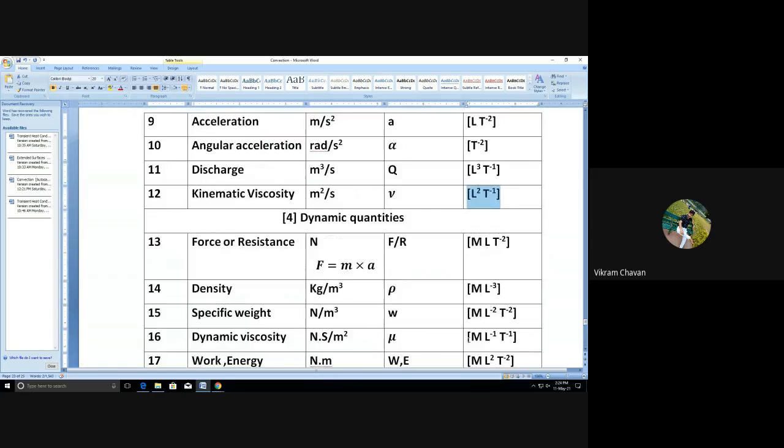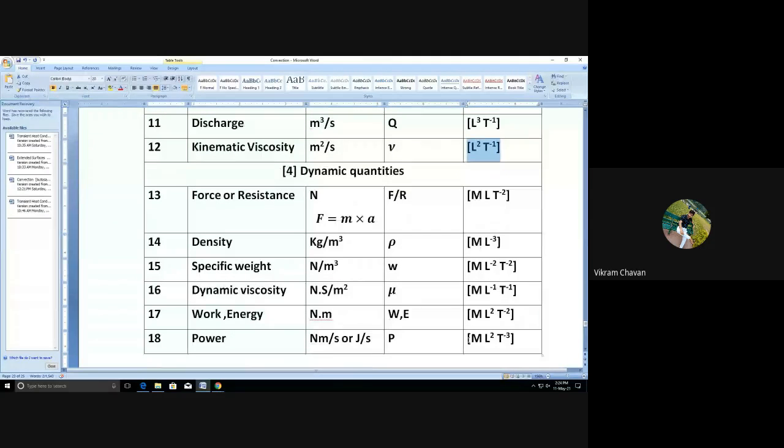Then next segregation is dynamic quantities. So first dynamic quantity is force or resistance. Its force unit is Newton. But for the Newton, if you are unable to determine the dimensions, then you can write force formula as mass into acceleration, so that you will come to know the dimensions of the Newton.